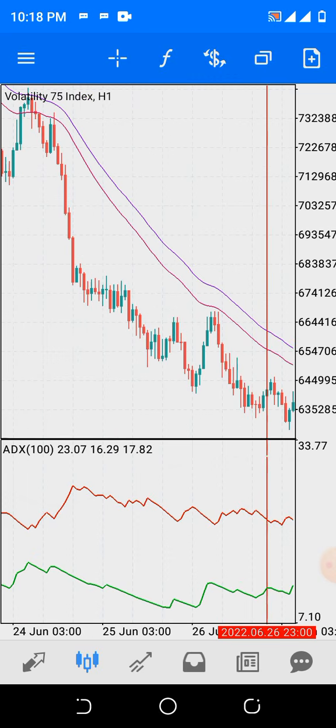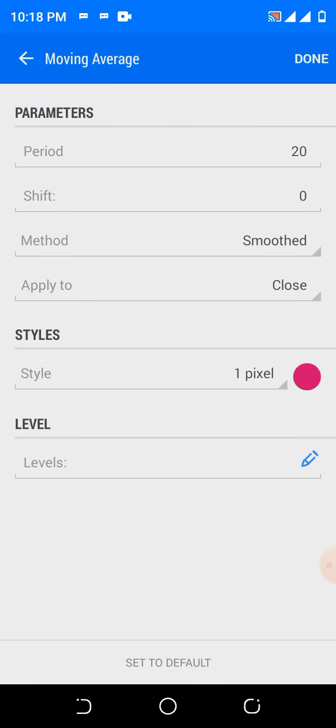Now let me show you the setup. For the first moving average, the period is 20, method is smoothing. Now this is the second moving average, period 50, method exponential.